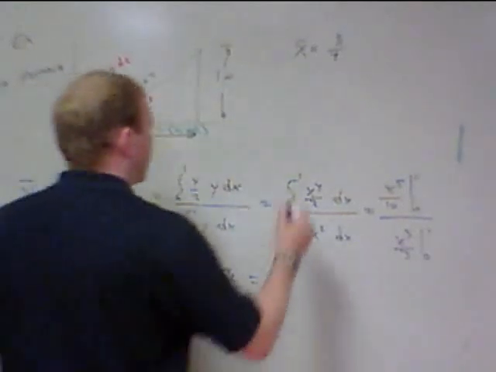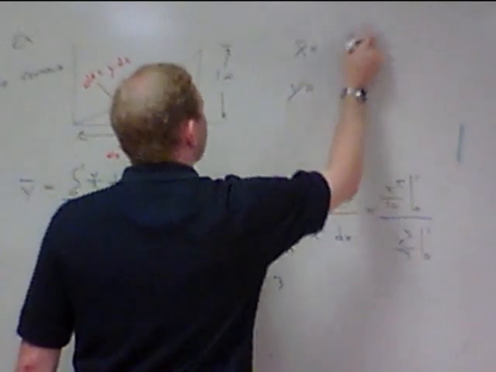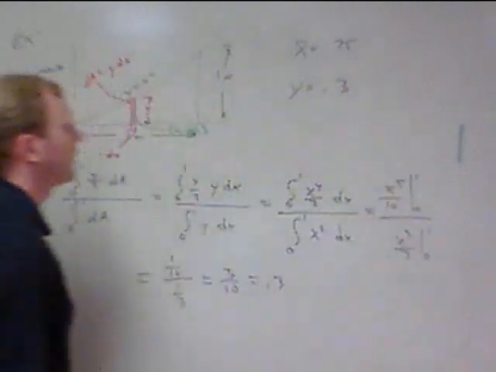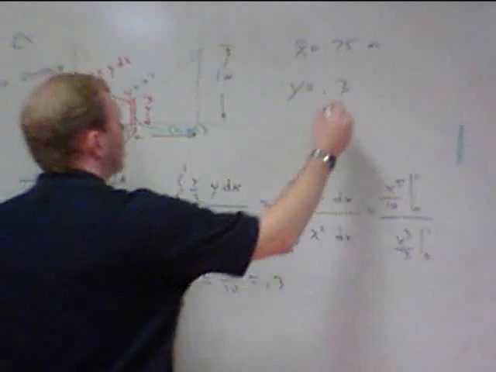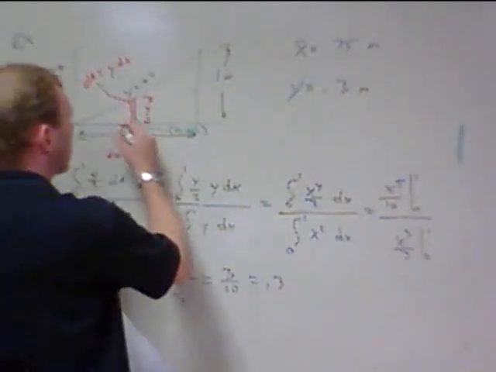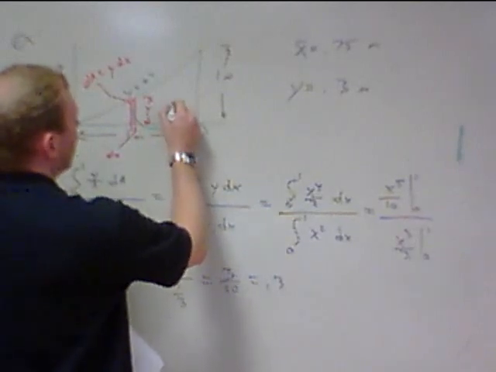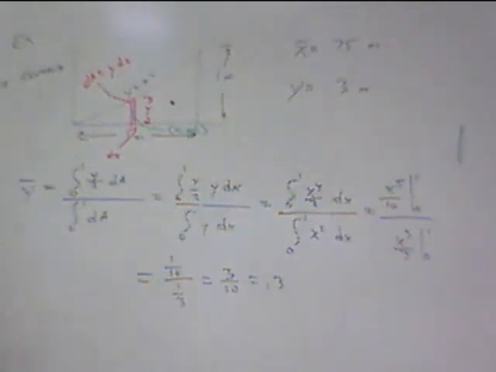So our y position of our centroid is, I'm going to change these to decimals just to stay consistent, the x position is 0.75 meters. The y position is going to be at 0.3 meters. Again, that makes sense. So we're 3/4 of the way over, not quite 1/3 of the way up. So right about in here, which does appear to be about the centroid for our object.